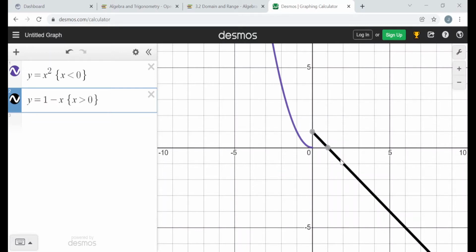Now notice, when you move around, you see all these solid points where the x coordinates are greater than 0 here. But see, at 0, a hole, an empty point again, 0, comma, undefined. So there should be no points on this graph with an x coordinate of 0. And it looks pretty much like my hand drawing. Wonderful.